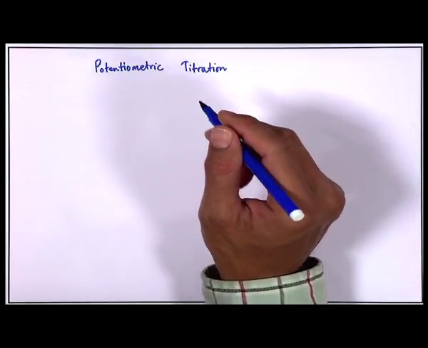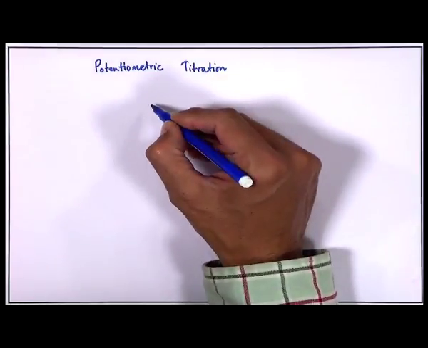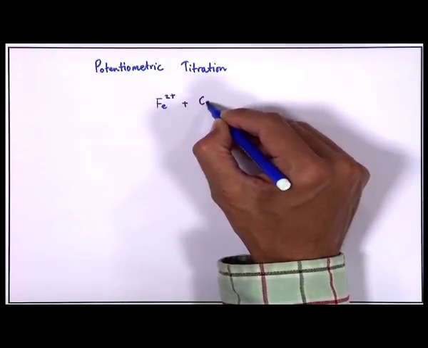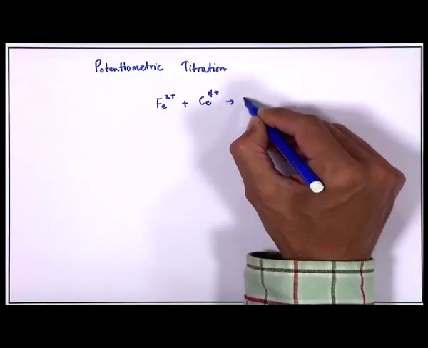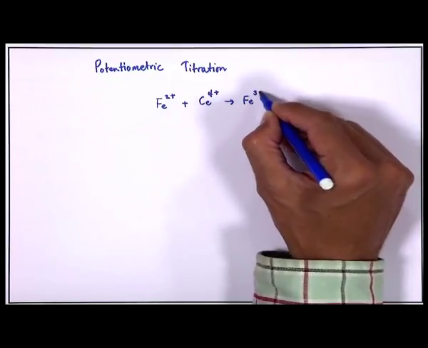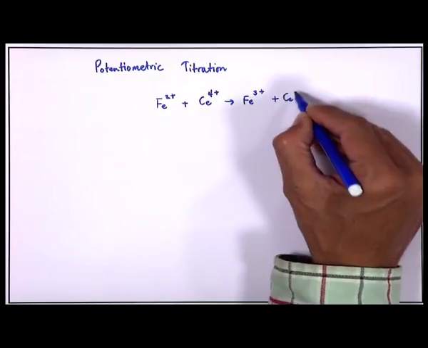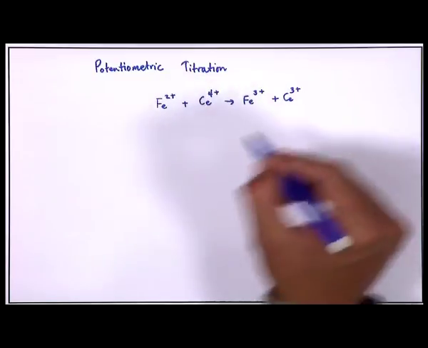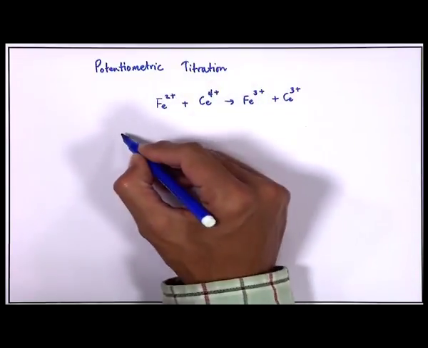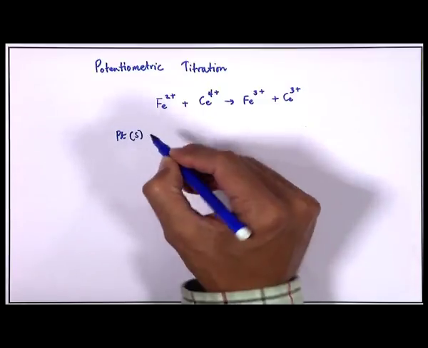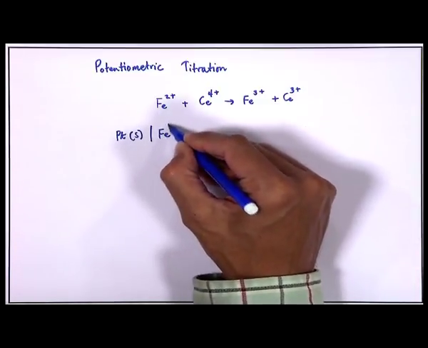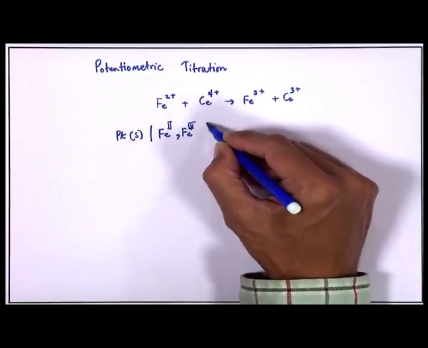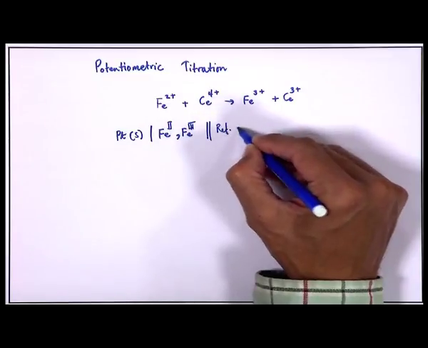Okay. So, we can follow a reaction like this, say Fe2+ plus Ce4+, that gets you Fe3+ plus Ce3+, the ferrous ceric system. Okay. So, the corresponding constructed cell could be like this: Pt solid, Fe2+, Fe3+, because it will be a mixture of Fe2+ and Fe3+, then a reference electrode.